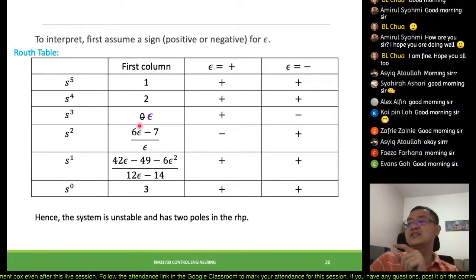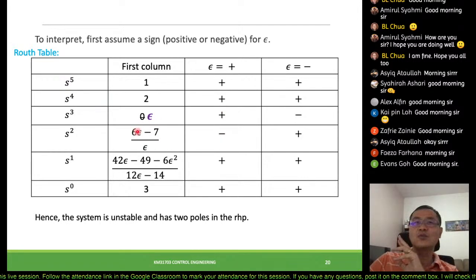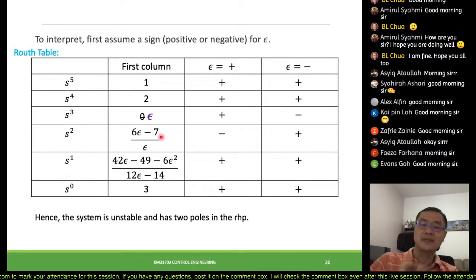So if this is a positive value, let's say you take positive 1, you replace it, so 6 minus 7, negative, divide by 1, you still get negative, right? So therefore you can assign a negative sign to it.